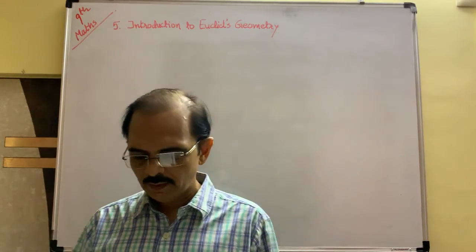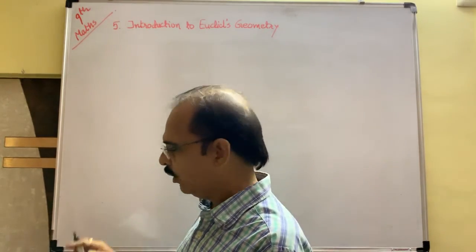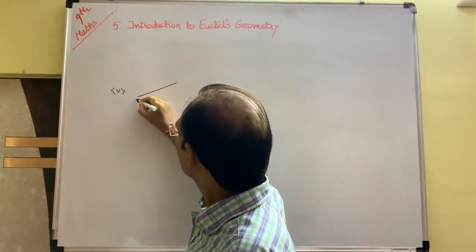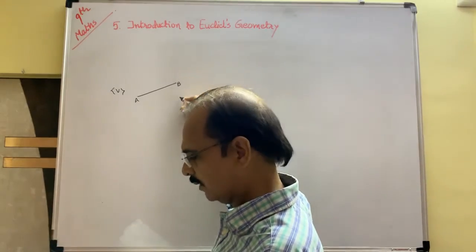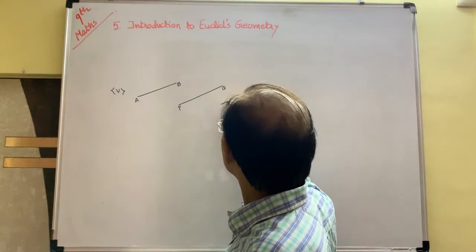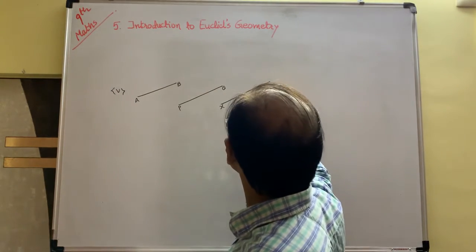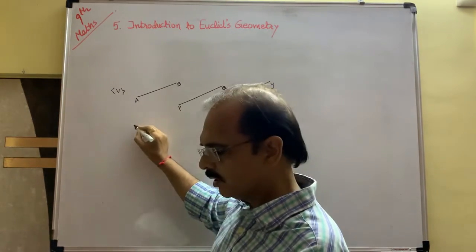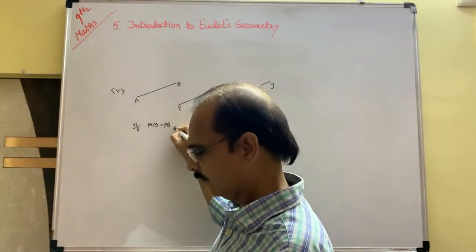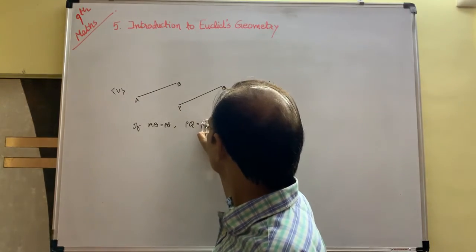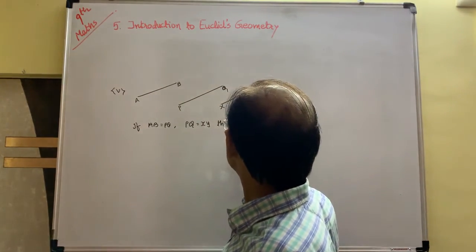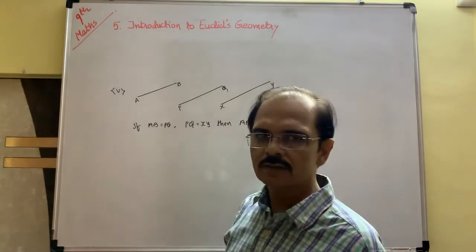Now the fifth one, a figure is given, figure 5.9. Line segment AB is drawn. Line segment PQ is drawn. And line segment XY is drawn. The question is: if AB equals PQ and PQ equals XY, then AB equals XY. Is it true or false?